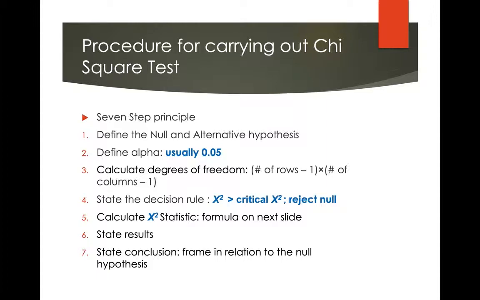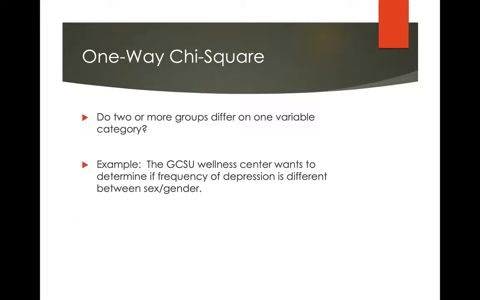Then we state our decision, which is if our chi-square calculated is greater than our critical chi-square statistic, we reject the null. Once we calculate this chi-square statistic, we are able to state the results and formulate our conclusion based on the hypothesis.